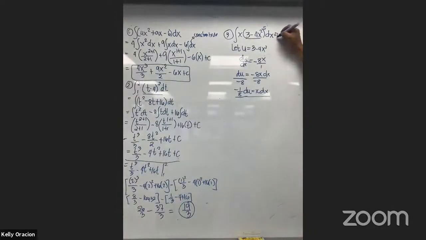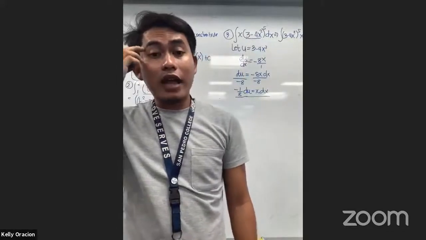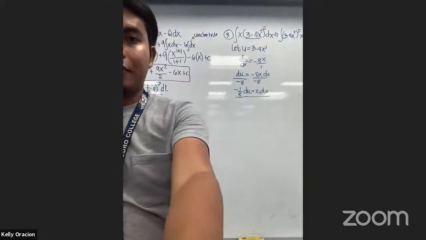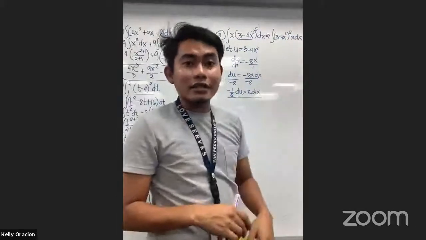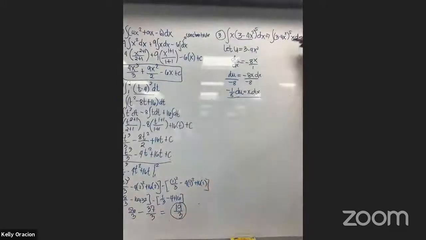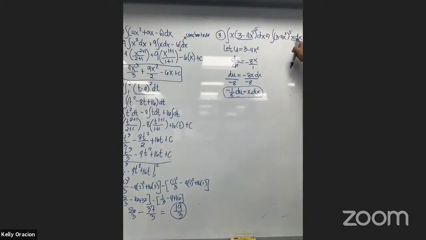If we rearrange this, it is 3 minus 4x squared raised to 5 times x dx. That x dx, we will substitute it here.